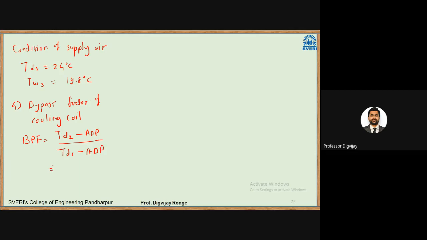TD2 we have calculated as 19, apparatus dew point is given as 15, and the entering air temperature we already know, that is 38, minus 15. So calculate the bypass factor.